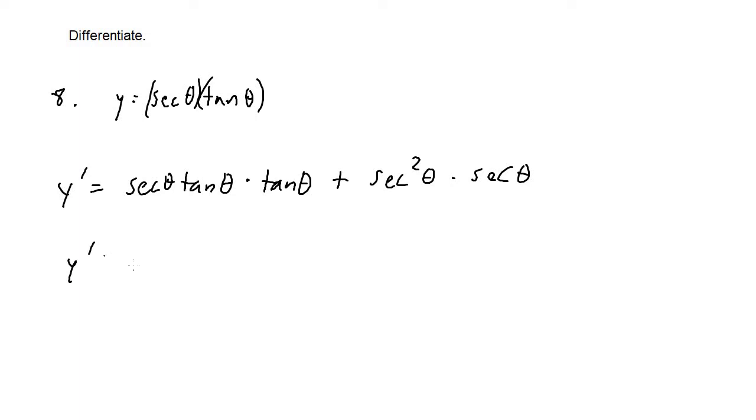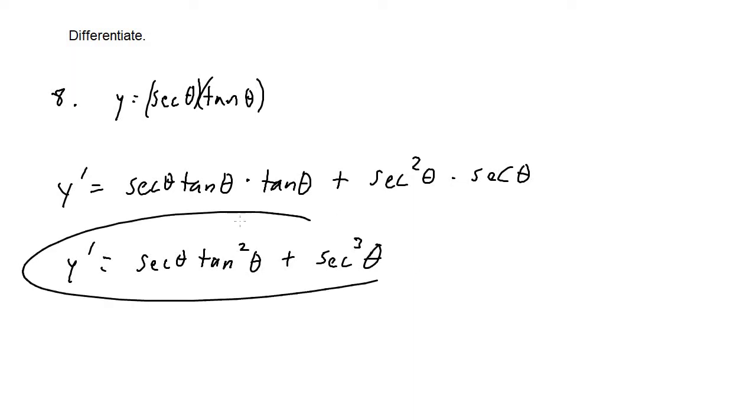Now for y prime, we go ahead and multiply, we get secant theta tangent squared of theta, and then plus secant squared times secant is just going to be secant cubed of theta. And that's the final answer.